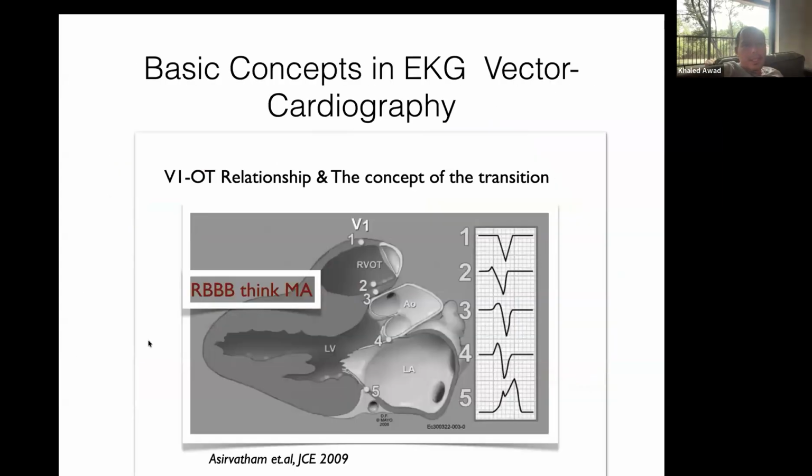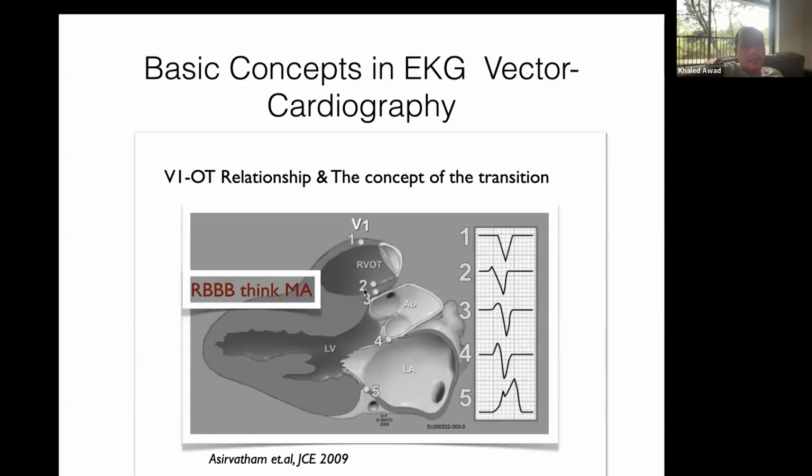Okay, so to understand this, we need to understand the anatomy of the EKG system itself and the anatomy of the heart relative to that. We talked about this with atrial arrhythmias, but you have to understand that any wavefront going towards an EKG lead is a positive deflection. Anything going away from an EKG lead is a negative deflection. You have to understand that V1 through V6 are called the precordial leads for a reason, because they surround the heart along the chest wall.